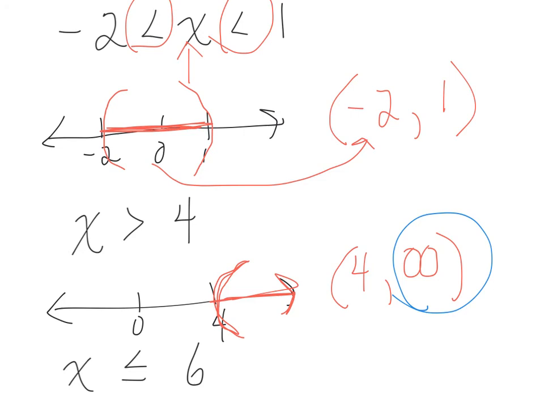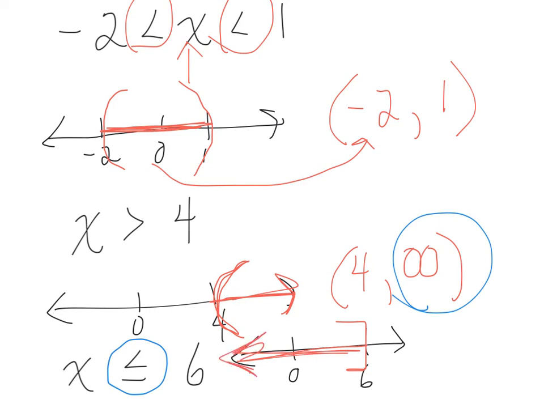Let's look at one more. Let's look at a less than: x is less than or equal to 6. So I'm going to put a little number line in here. Let's suppose that's 0, so there's my 6. Less than or equal to this time, so now I've got that equal to, so it has to be a bracket. And I'm going to face it the direction that we're going to shade, so I'm going to face it to the left, and shade to the left.